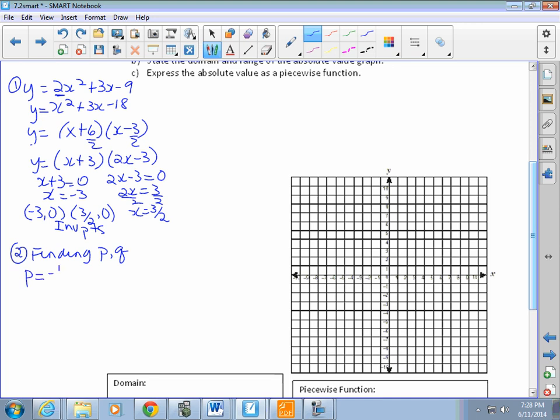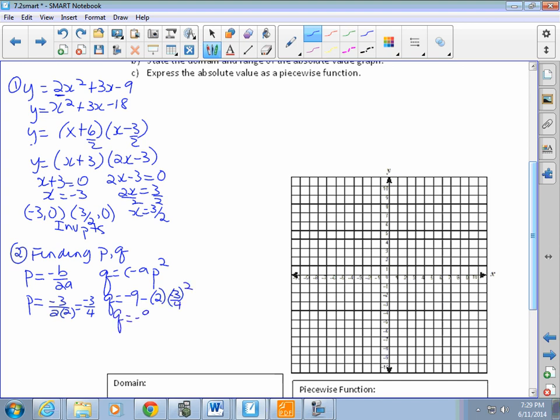So P is equal to negative B over 2A is our formula. So this would be P is equal to, B is a 3, so that's going to be negative 3 over 2 times 2. So that's going to be negative 3/4. Q is equal to C minus AP squared. So that means Q is equal to C is negative 9 minus 2 times, oops, P was negative 3 over 4, all squared.